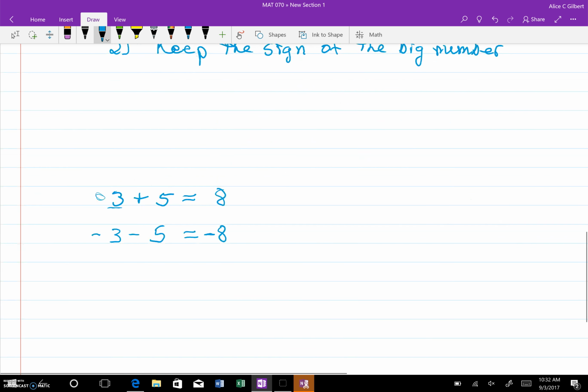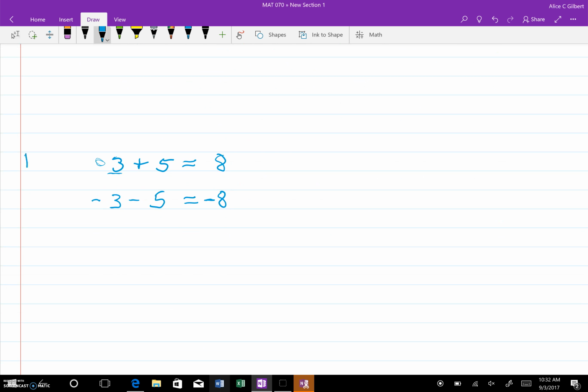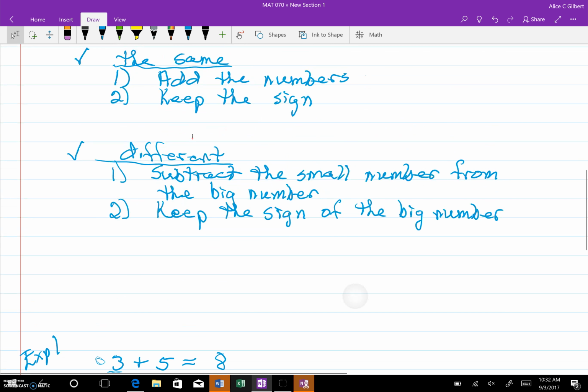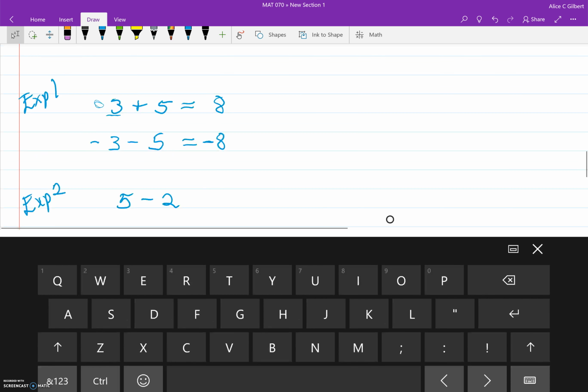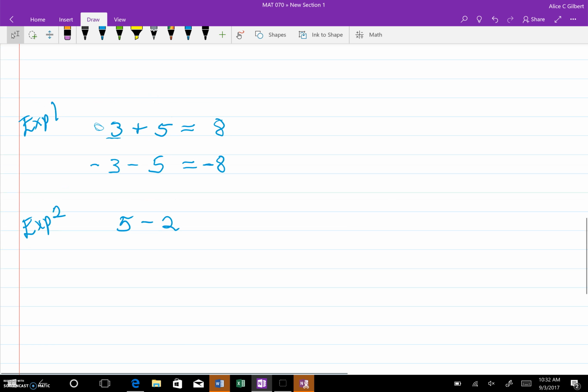Okay, let's see how that works. So this is example 1 and example 2. If I have 5 minus 2, this looks like a regular subtraction problem, but from now on we are going to think of this as an addition problem whose signs are different. The sign in front of the 5 is positive; we don't show it, so it's an invisible positive.